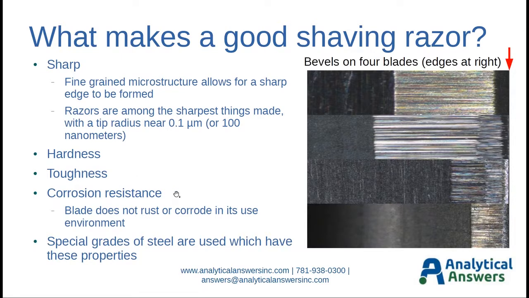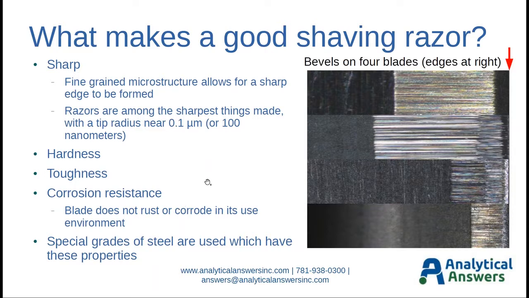Another property that requires some balance in how they make the base materials for these blades is corrosion resistance. Every grade of steel is going to have a slightly different amount of corrosion resistance, and you can add certain things to the base metal to improve that so that it does not rust or corrode in its use. But as you tend to make blades harder, you actually tend to decrease the corrosion resistance.